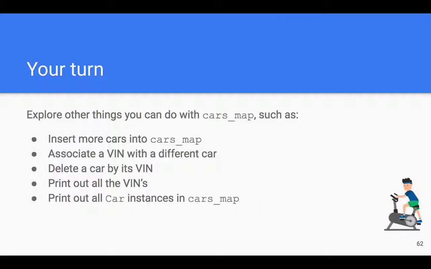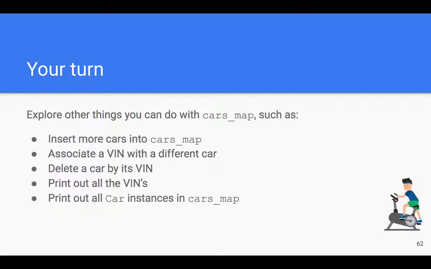And then from here on, you really should explore other things that you can do with the cars map, the dictionary, such as inserting more cars into the dictionary. Maybe you want to associate an existing VIN with a different car. And remember, if you just assign a new car to an existing VIN, that VIN is only going to be associated with that one car.